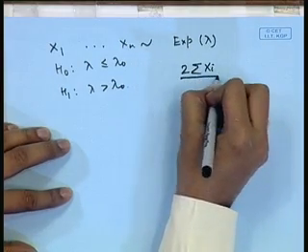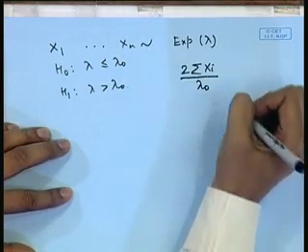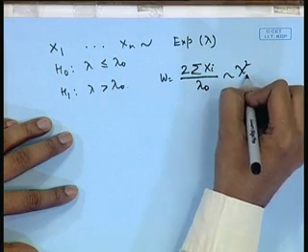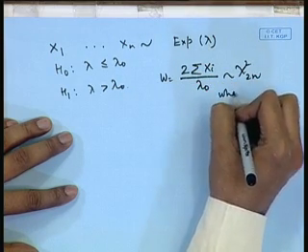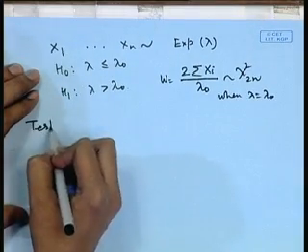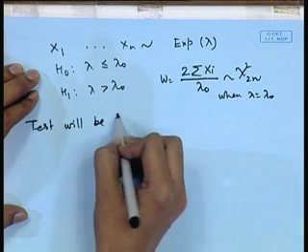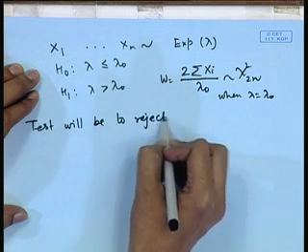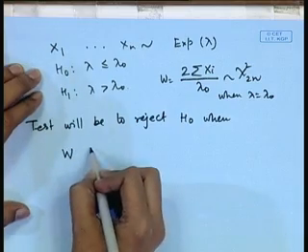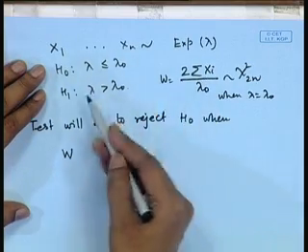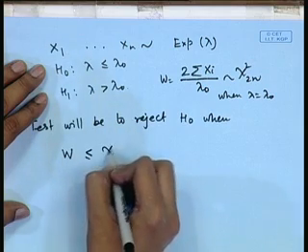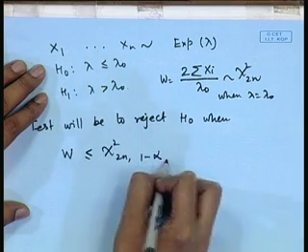So, if we consider twice sigma xi divided by lambda naught, let me call it W, then this will follow chi-square distribution on 2n degrees of freedom when lambda is equal to lambda naught. So, the test function will be to reject H naught when say W is, since W is favoring 1 by lambda higher value, so a smaller value of 1 by lambda will correspond to W less than or equal to chi square 2n 1 minus alpha.